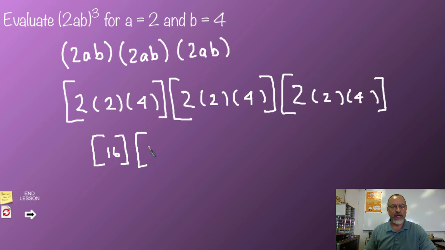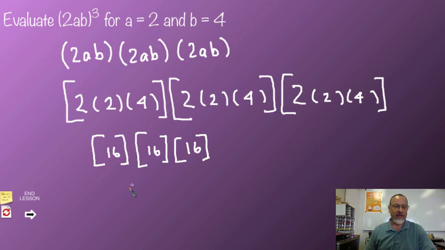Times, now these are all the same, so this is going to be another 16, and then this is going to be another 16. So again, these are just grouping symbols, and because there's no other symbol in between these, now this is multiplication. So this is 16 times 16 times 16. Alright, now that's not 16 times 3, it's 16 times 16 times 16.